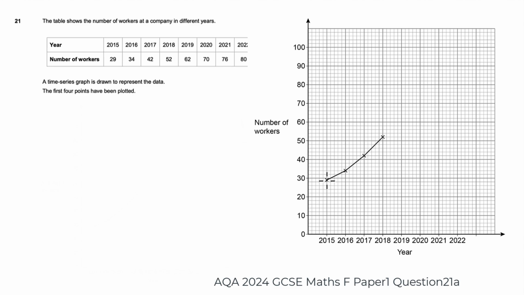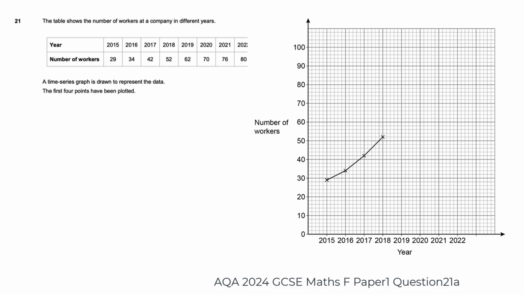That's 29. Half a square would represent 1. 34, that's 30 and 2 squares above it, because each square represents 2. So there's 34. 42 is the next one. That's 1 square above the 40 line. And 52, 1 square above the 50 line.